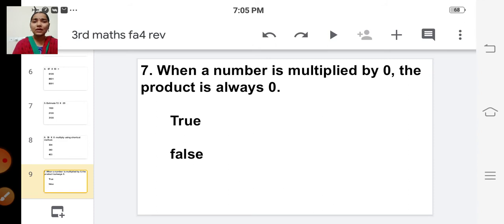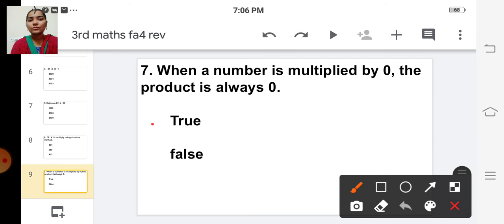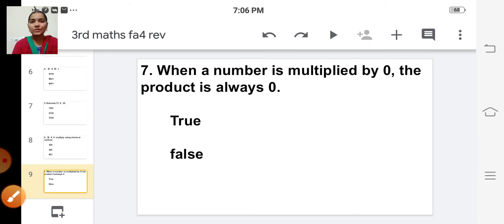So this is the property of multiplication. If we multiply any number by 0, then we will get the answer as 0. So it is true. So go through the properties of multiplication.